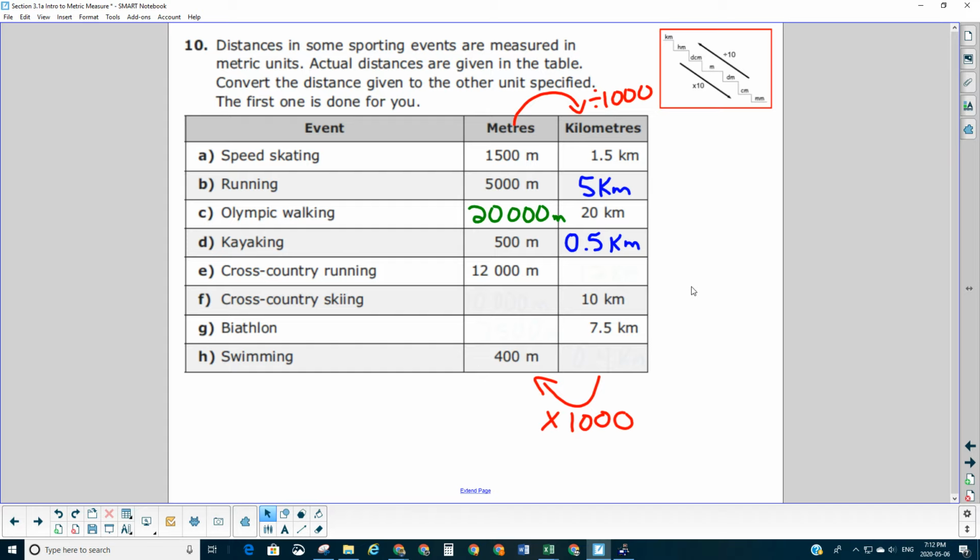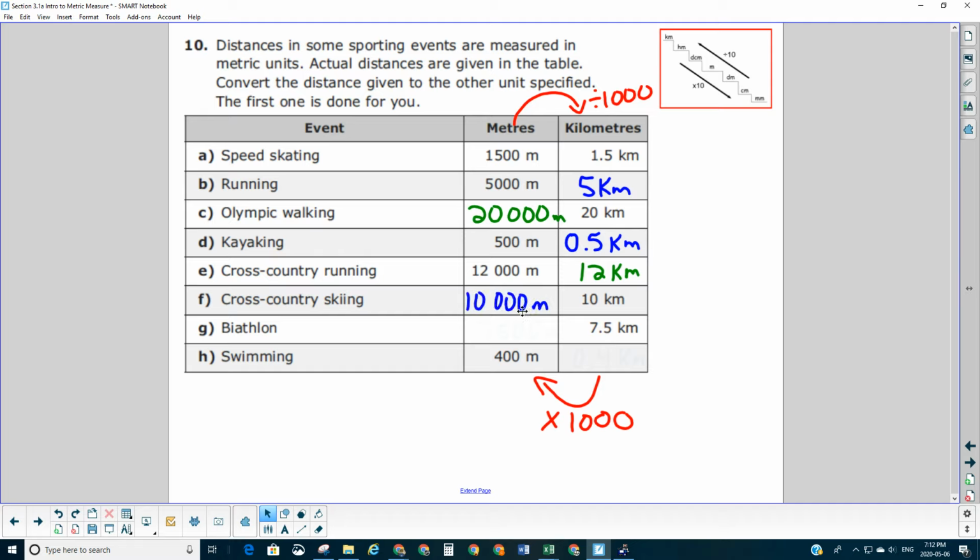Again, I'd like you to pause and try the last 4 on your own. All right, let's see. 12,000 meters. We're going to move 1, 2, 3 decimal places. So that's 12 kilometers. 10 kilometers. We're going to have to multiply by 1,000. Well, if 20 kilometers is 20,000, I bet you this is 10,000. Yes, it is. 1, 2, 3.